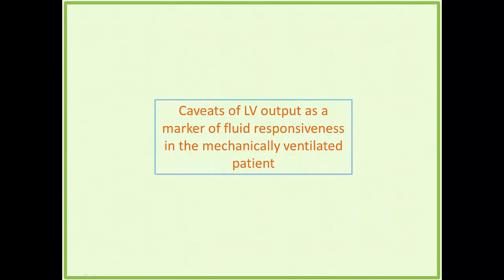And the reasoning will come that you'll come to realize is that changes in intrathoracic pressure, first of all, are variable amongst different groups of patients, and changes in intrathoracic pressure and changes in airway pressure can actually induce changes in biventricular function that are unrelated to volume responsiveness.